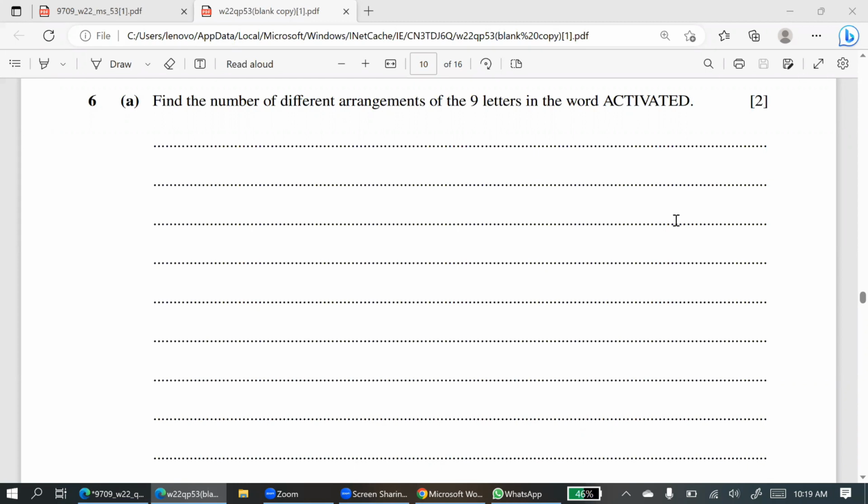Find the number of different arrangements of the 9 letters in the word activated. There are 9 letters. There are 2 A's and 2 T's.